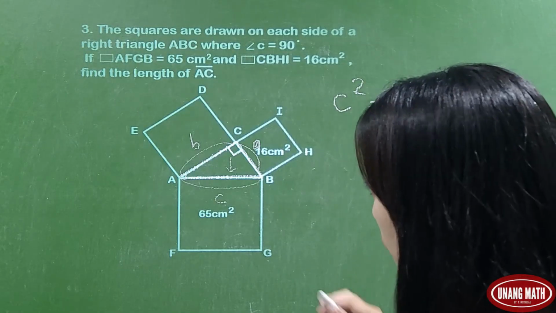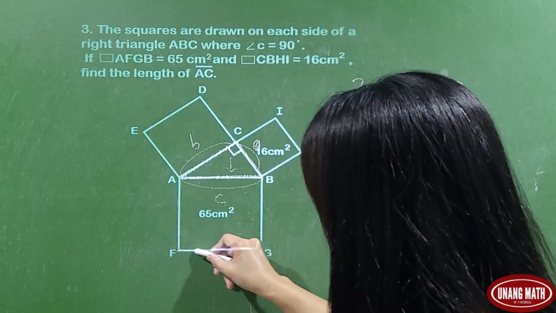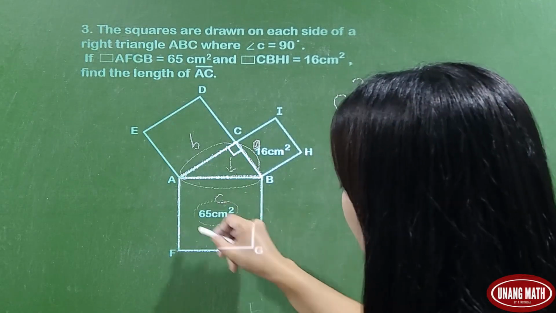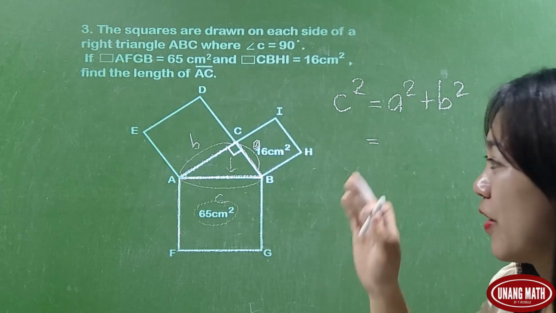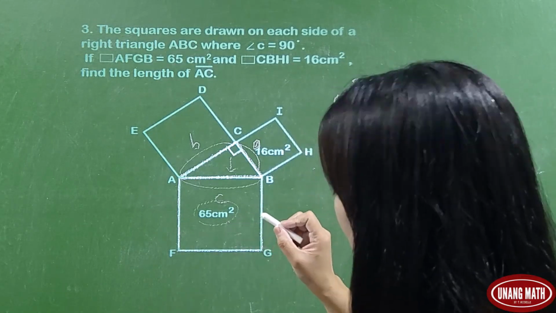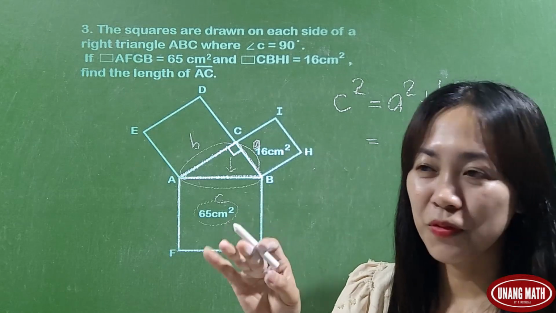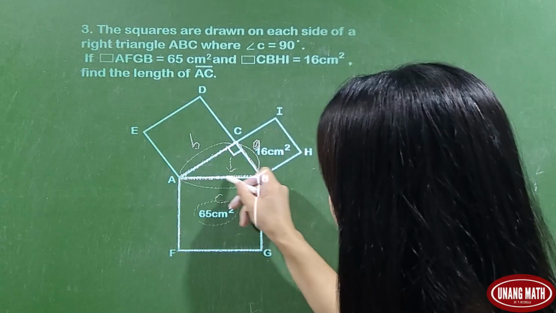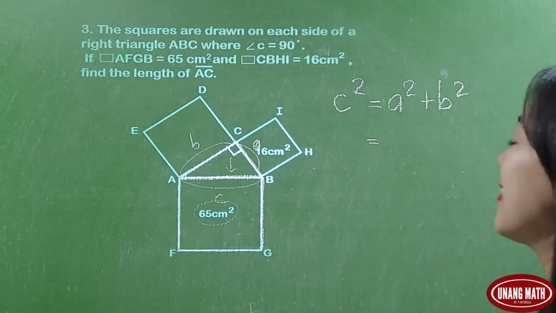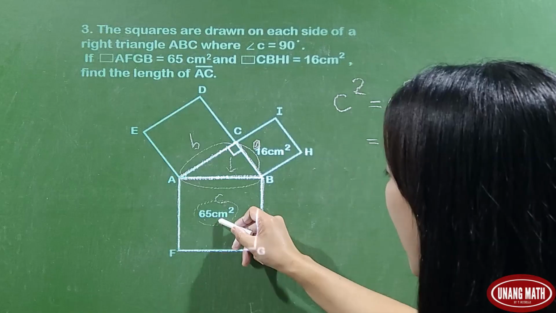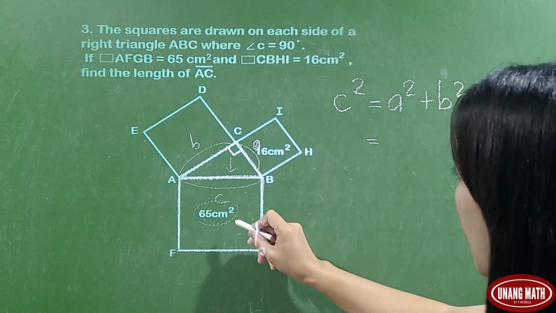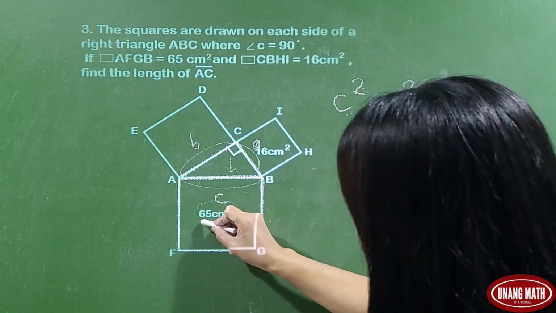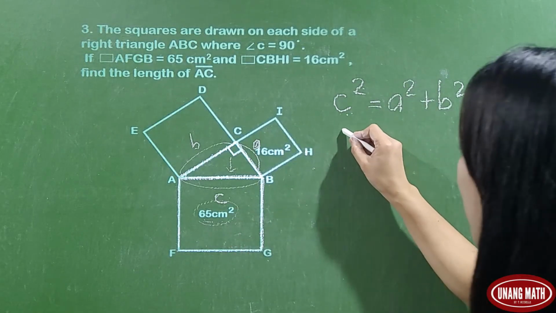But we have a clue that in this square, the area is 65 square centimeters. If it's a square, to find the area of a square, we just multiply this side times this side, and that would be 65 square centimeters. So that means c squared here is equal to 65.